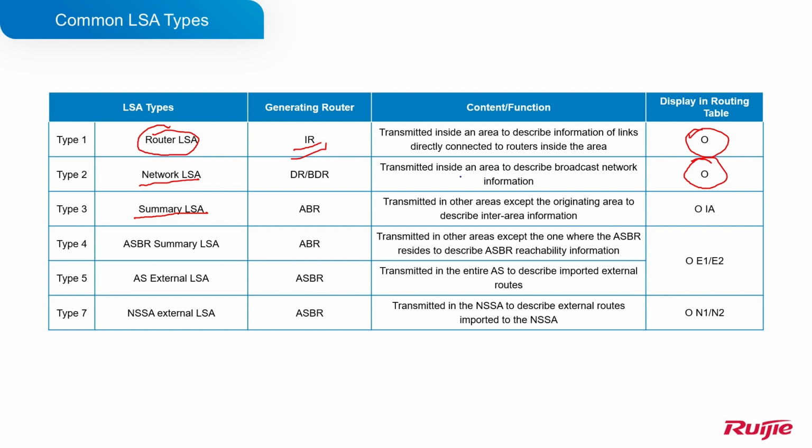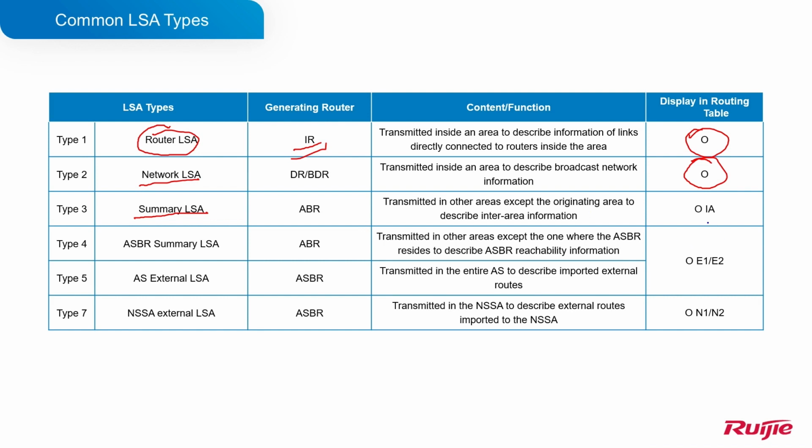So type 3 can be transmitted to different areas, except the originating area. It means if the LSA information originates in area 2, we can't transmit the LSA type 3 back into area 2.